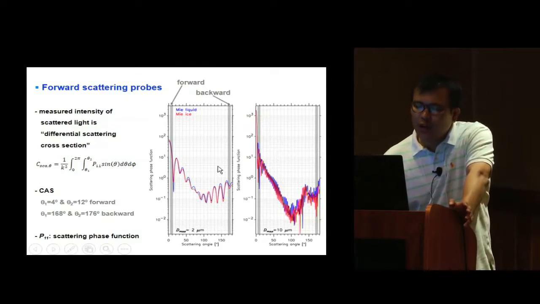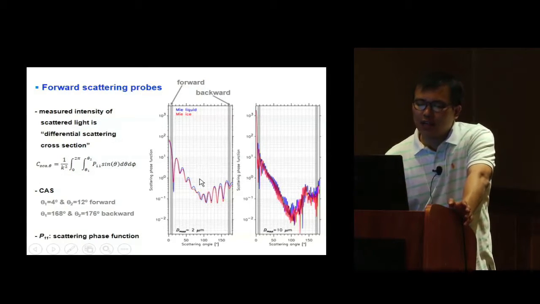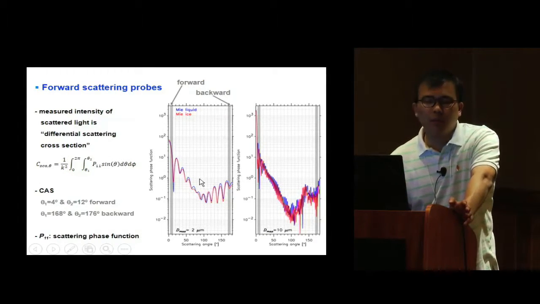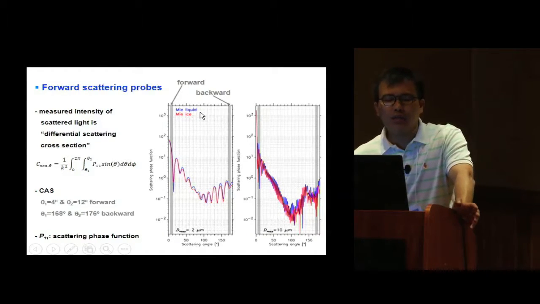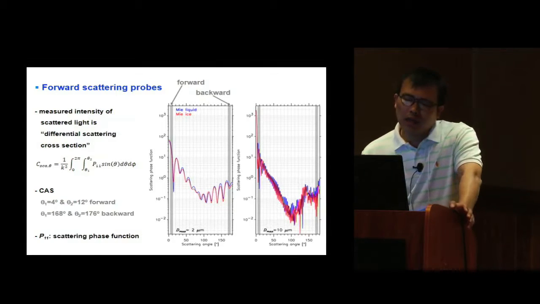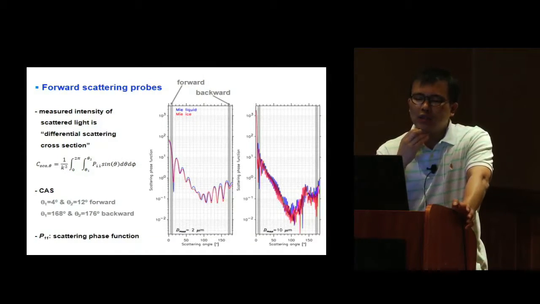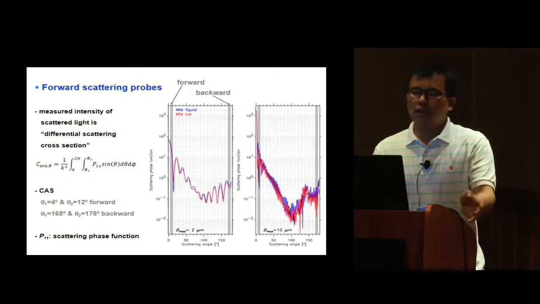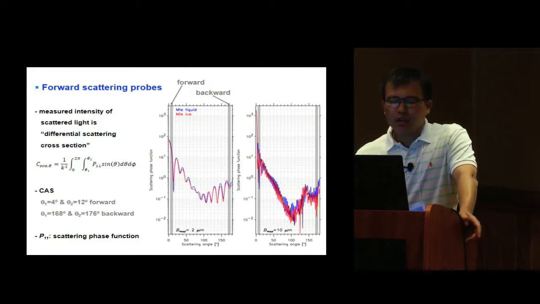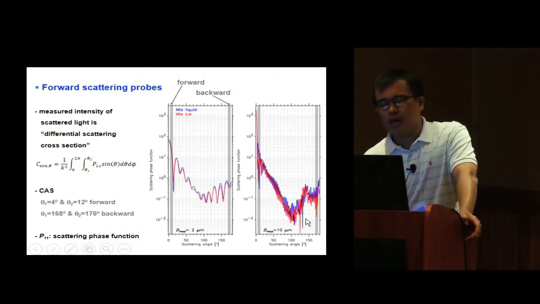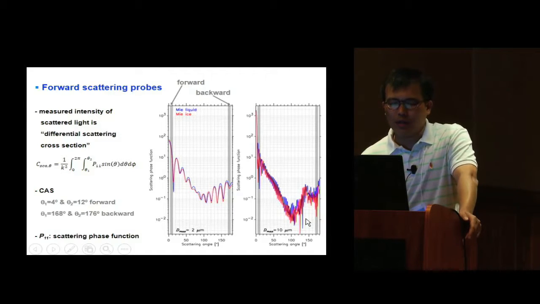This figure shows the scattering phase function of spherical particles. Blue is liquid spherical particles using Mie theory, and red is ice particles, also using Mie theory, so both are spherical shapes. The left one is a particle size of 2 micrometers, and the right one is 10 micrometers.